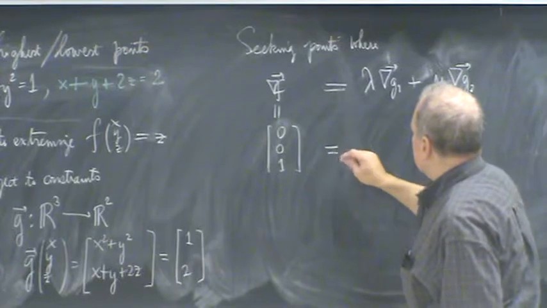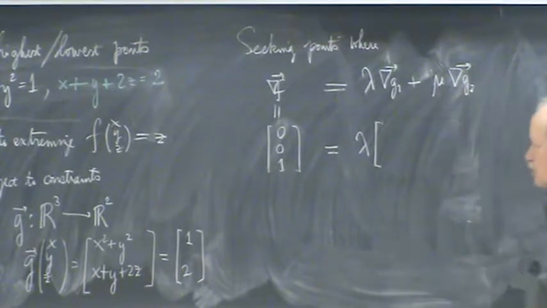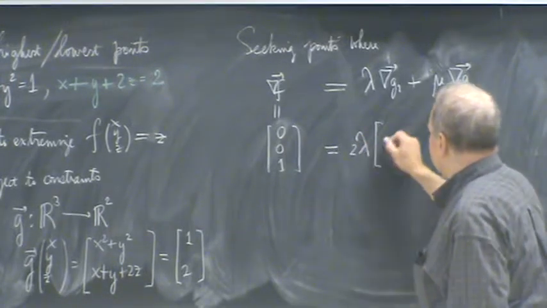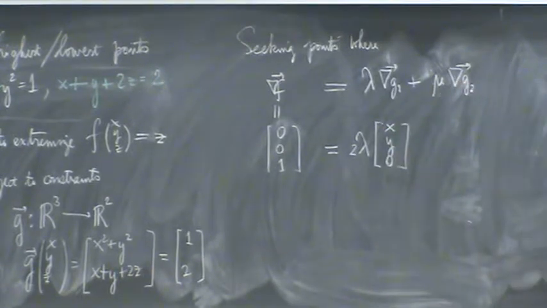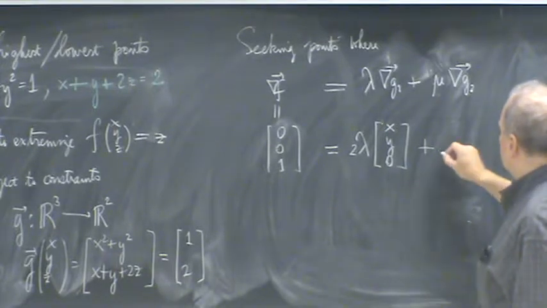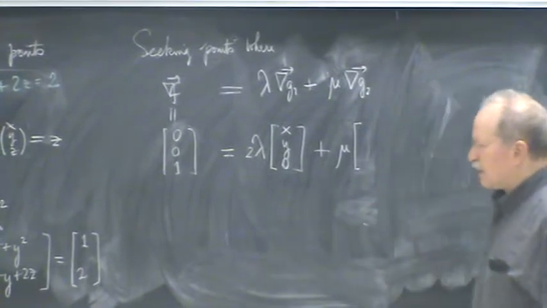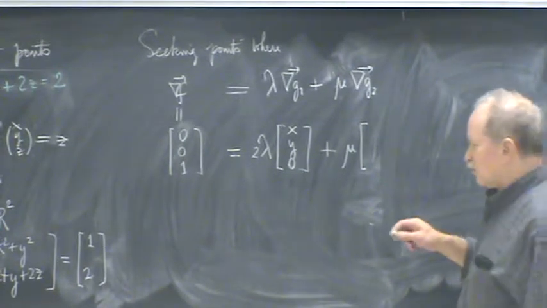So this is going to be lambda times, what's the gradient of the first component function? 2x, 2y. So I'm going to pull the 2 out just because I don't like 2's today. Then mu times the gradient of the second component function, which is 1, 1, 2.